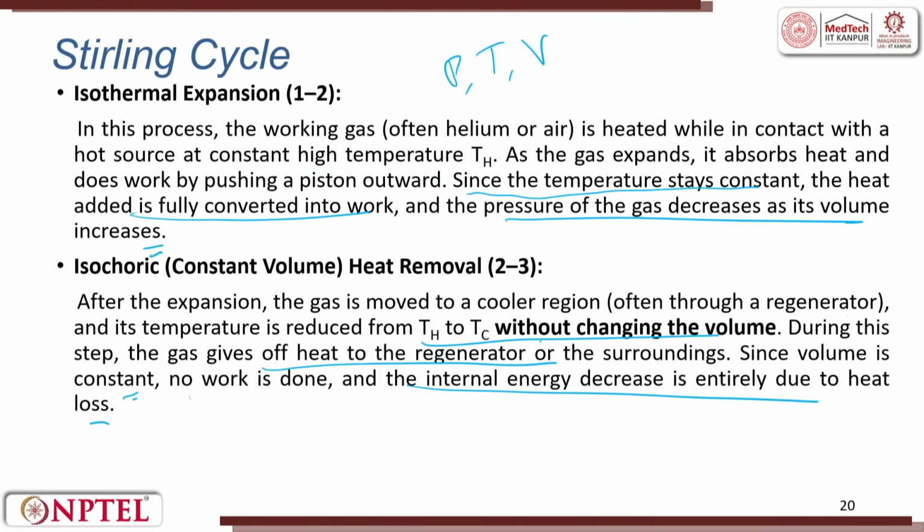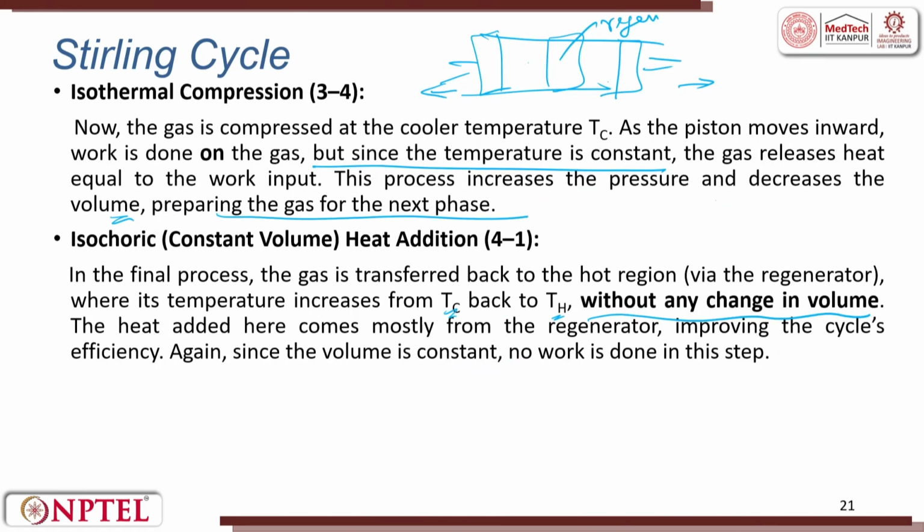Before also you saw no change in volume. In 2 to 3 and 4 to 1, there is no volume change. The heat added here comes mostly from the regenerator, which improves the cycle efficiency. So, since the volume is constant, no work is done during this process.